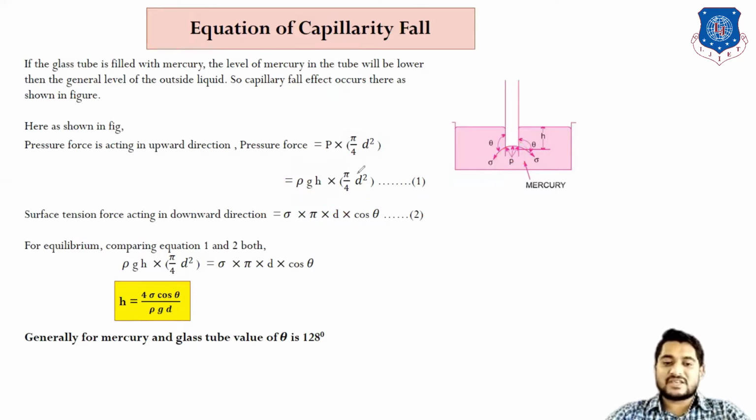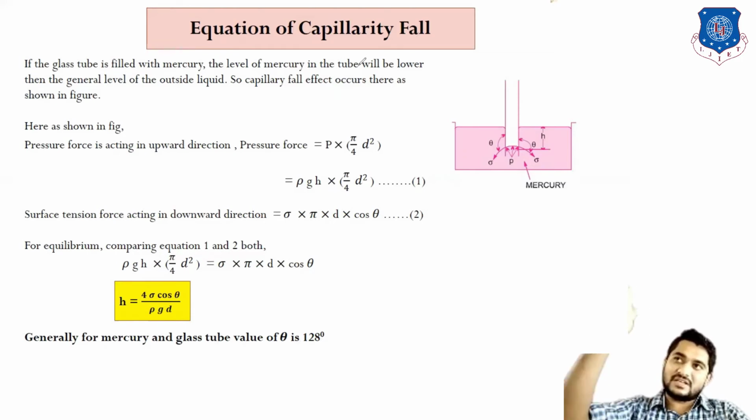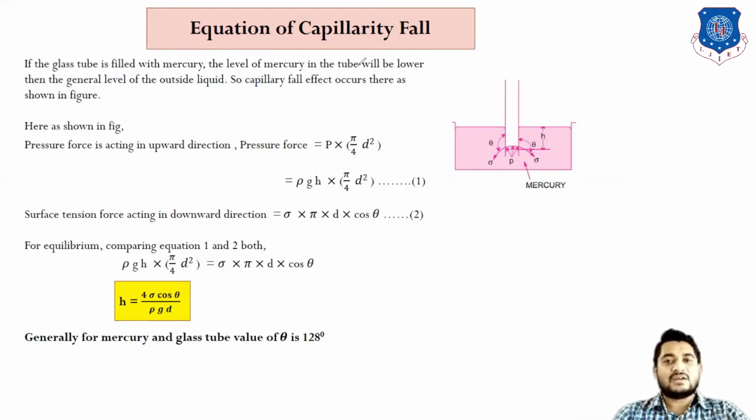Can you notice, guys, the equations for capillary rise and capillary fall are the same, and both notations are the same. For mercury, generally theta is taken as 128 degrees. Clear? But remember, for capillary rise we have to balance the vertically upward sigma cos theta and the downward weight. For capillary fall, we have to balance the downward sigma cos theta and the upward pressure force. Clear?